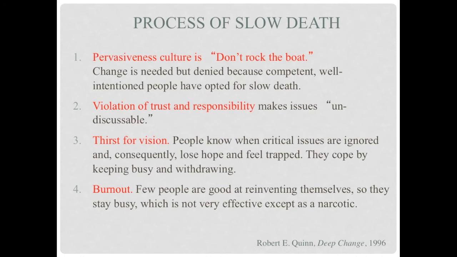The process of a slow death includes a pervasive culture, one that isn't willing to rock the boat, where change is needed but denied because competent, well-intentioned people have opted for the slow death. This illustrates the choice that we all make within our organizations to either improve and change or allow what's been happening to continue. Number two, the violation of trust and responsibility makes issues undiscussable.